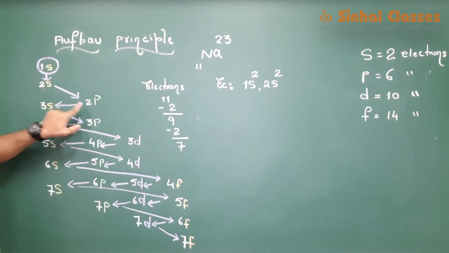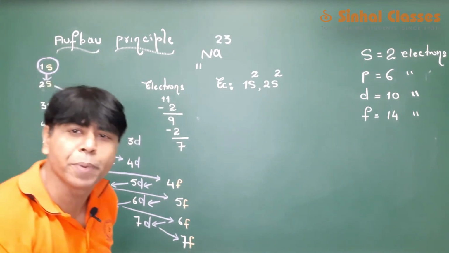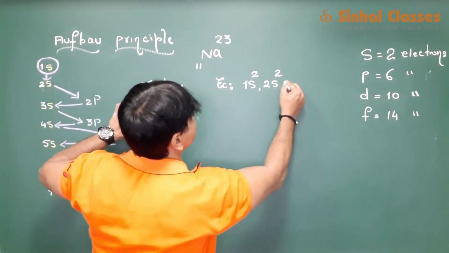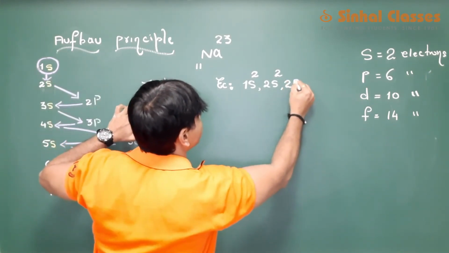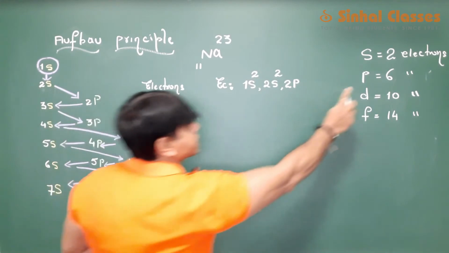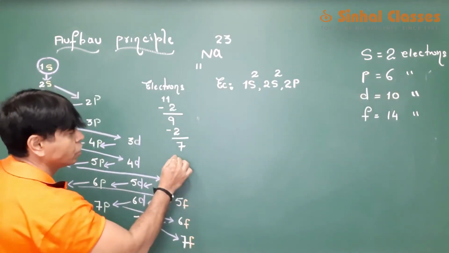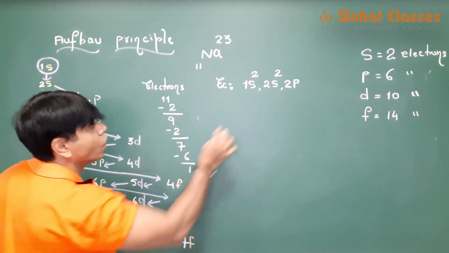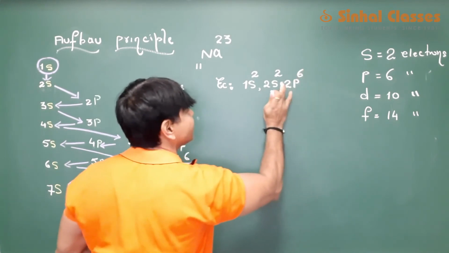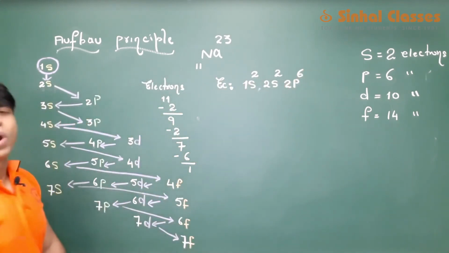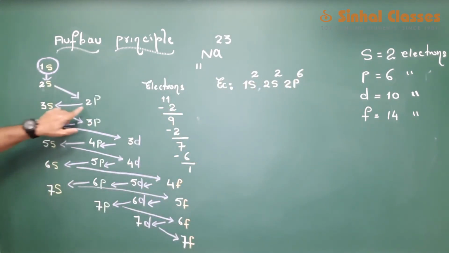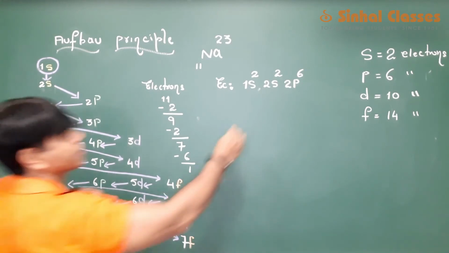Now after 2s, next comes 2p. Now p can accommodate 6 electrons maximum. So 6 electrons gone, 1 remains. Now after 2p, next comes 3s.